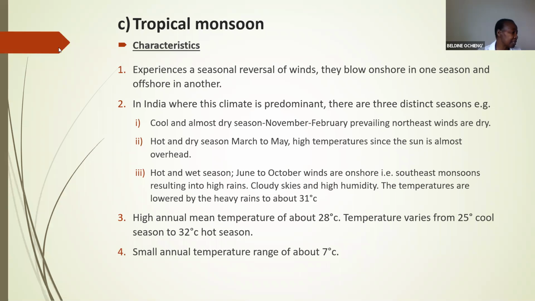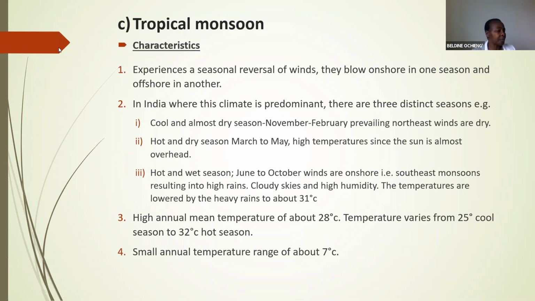The temperatures are lowered by heavy rains to about 31 degrees. Generally, the temperatures go up to 32, but because of high rains in the region, they are lowered slightly to 31 degrees Celsius. High annual mean temperature of about 28 degrees.